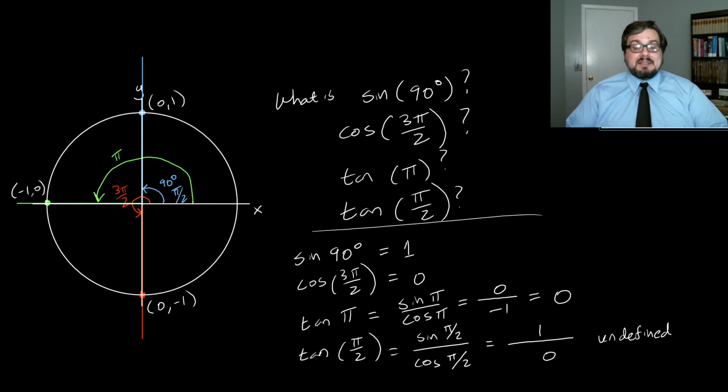And if that thing in the denominator, like the cosine right here, happens to be 0, that means that function is going to be undefined. So some of our trigonometric functions are going to be undefined at some points. We're going to look at that again in a few moments.